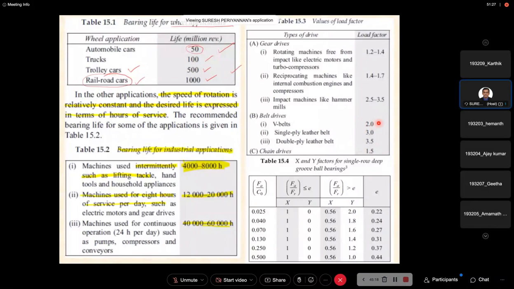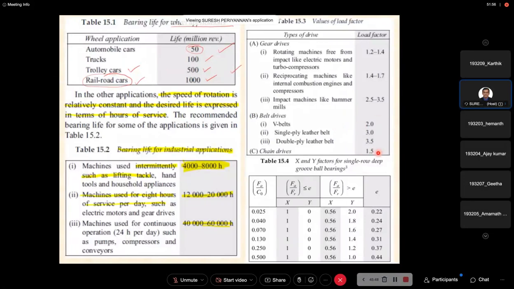For V belt, they are considering the load factor up to 2, and single ply belt 3. Because when we go for more load factor, we are designing a safe bearing. When we go for the more load factor, it looks like a factor of safety only. When you give more, the factor of safety is high, your design is in a safe condition.